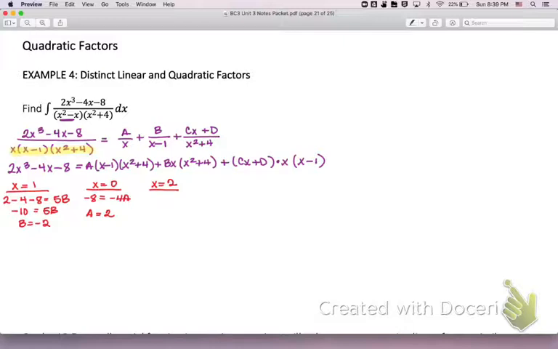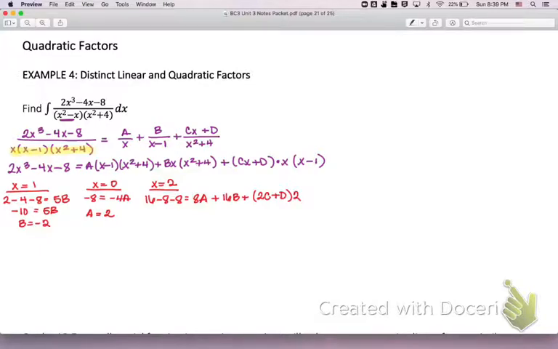So if I plug in 2, I get 2 times 2 cubed, so that's 2 times 8, which is 16, minus 8, that's going to work out nicely, equals A times 2 minus 1, times 4 plus 4. So this comes out to 8A plus, again, x is 2, so I'm going to get 16B plus 2C plus D times 2 times 2 minus 1, so that's just going to be times 2.